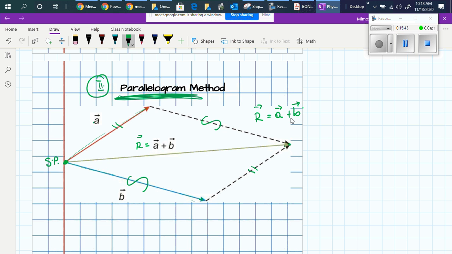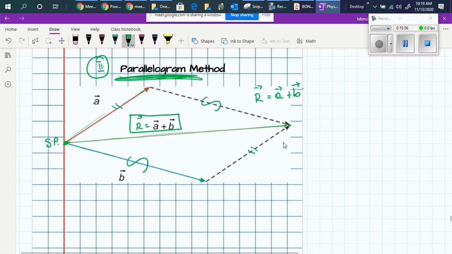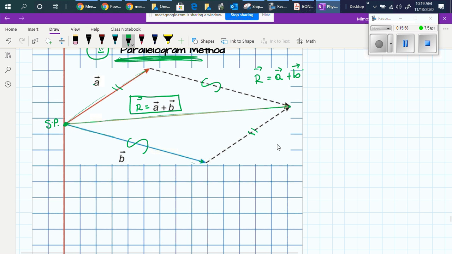Starting at the starting point, you will draw a diagonal of this parallelogram that will represent the resultant vector. Now, this method is very good when we are working with two vectors.